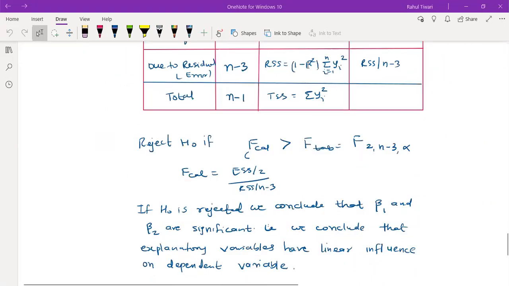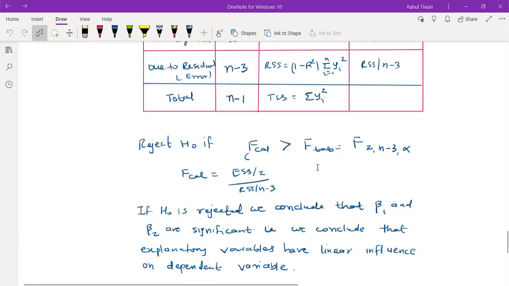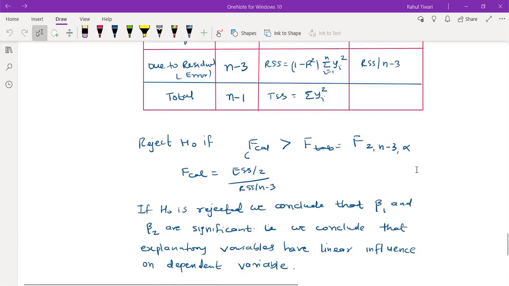So make sure that whenever it is two-sided, you take the mod: mod of t cal will be greater than or equal to t tab, but only in the case of comparing the mean. But here the criterion is the same. You are not taking any mod because it is a skewed distribution, right? Whenever this situation arises, you take the reciprocal of that. Maybe you will deal with all this, rejection and critical regions, in your testing.